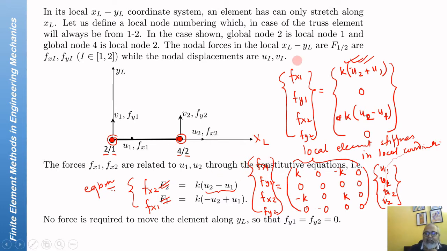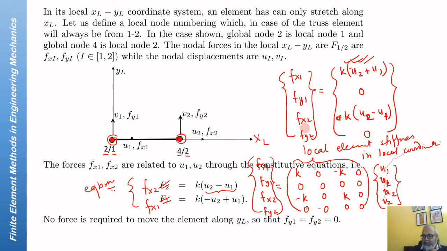Now note one thing, that I have ordered the degrees of freedom in a convenient way. I have ordered them as u1, v1, then u2, v2. Similarly, I have ordered the forces as X force at 1, Y force at 1, X force at 2, Y force at 2.